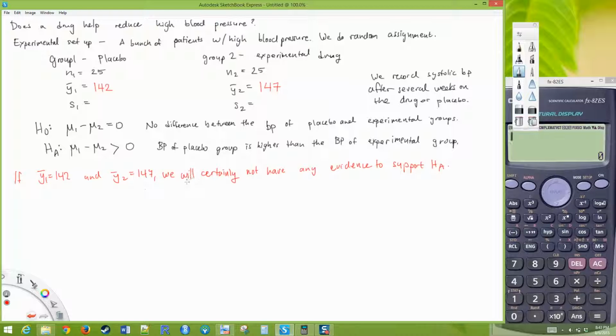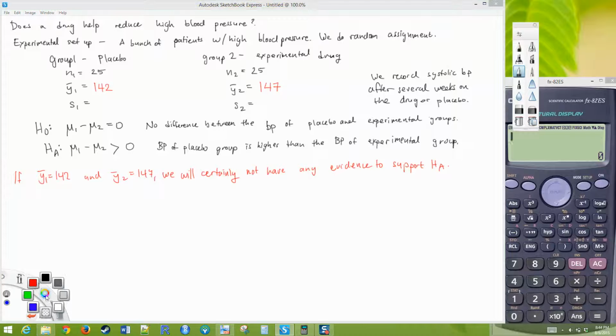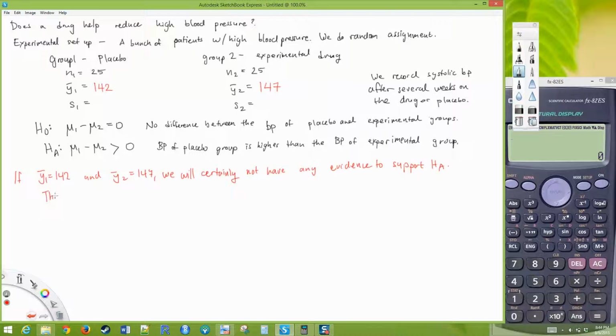Okay, so this is the directionality check. You look at your data and you check to see if the data is aligned with our alternative. And in this case, it's not. So I'm going to say this fails our directionality check.